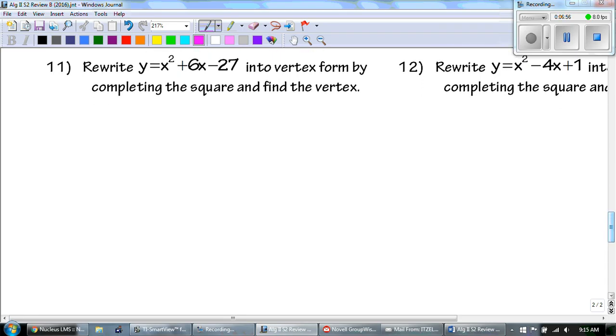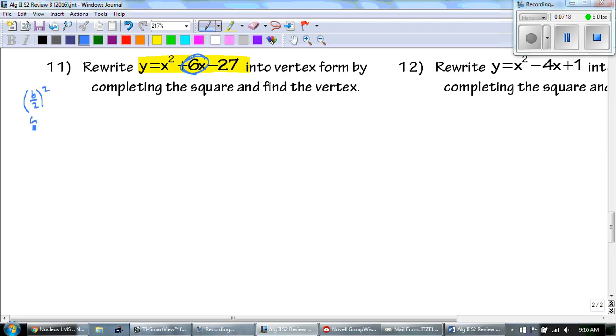All right, rewrite x squared plus 6x minus 27 into vertex form by completing the square. When we're completing the square, we take b divided by 2 and square it.